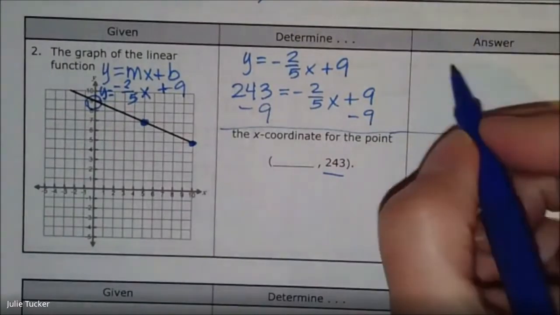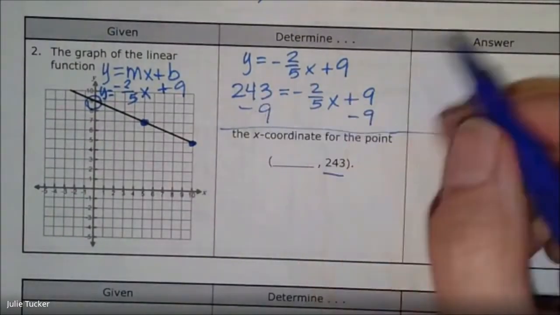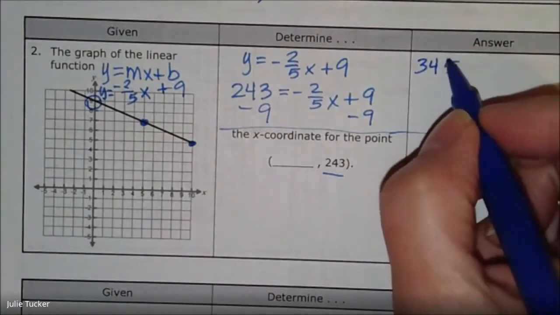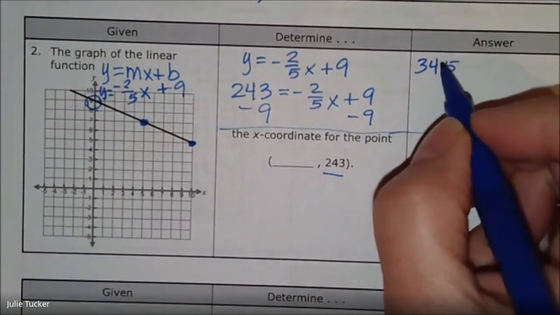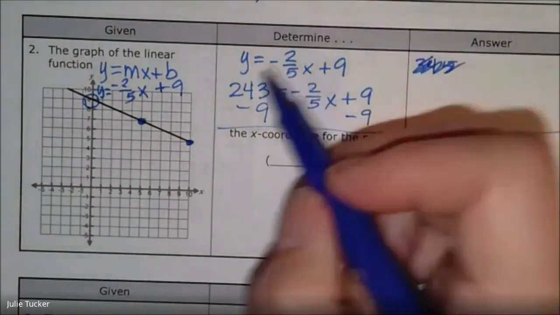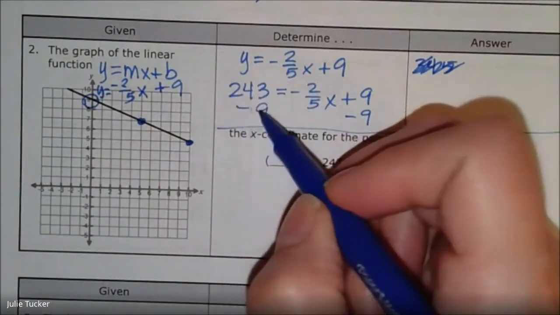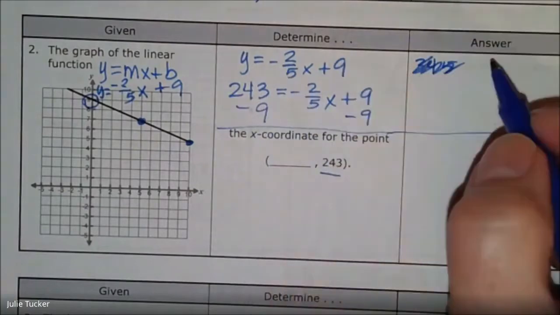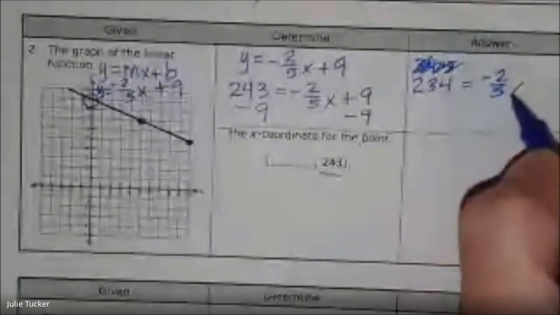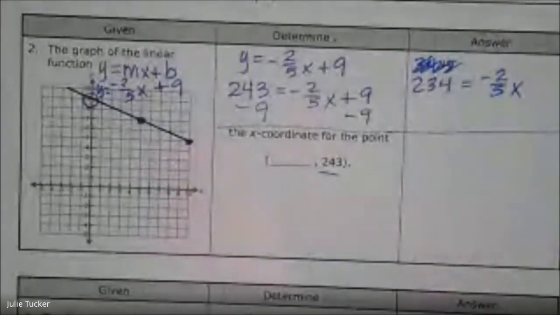So that's going to give me 243 minus 9 is... oh my goodness, I wrote that completely wrong. 243 minus 9 is 234. And then that equals -2/5 x.